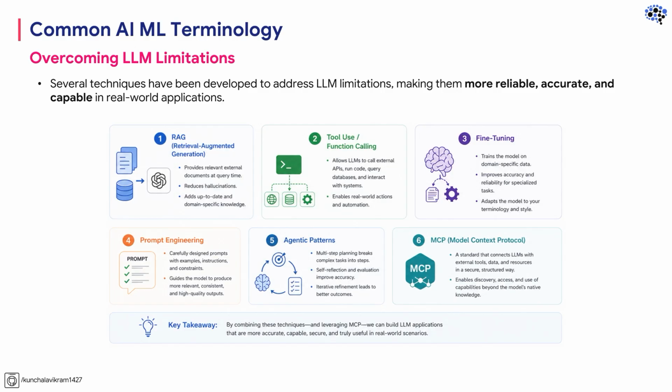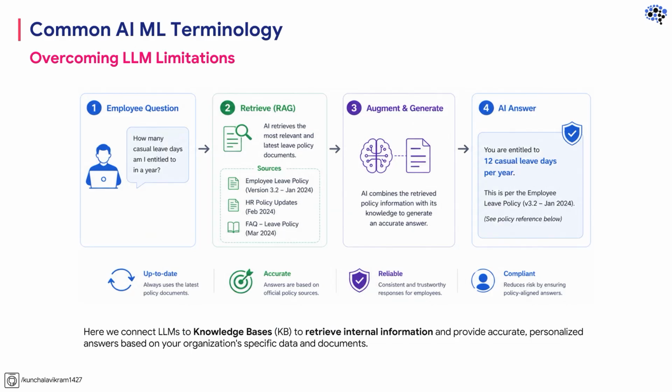With carefully designed prompts with examples and instructions, it can give more relevant and high quality outputs. And then using agentic patterns, the model can reason for itself and achieve a specific goal using multi-step planning and execution. The last one is Model Context Protocol, which gives the LLM the ability to talk to external tools, read data and take actions, right? These are all the techniques that we use to overcome the LLM limitations.